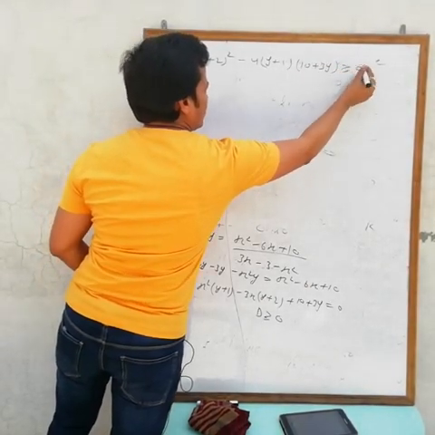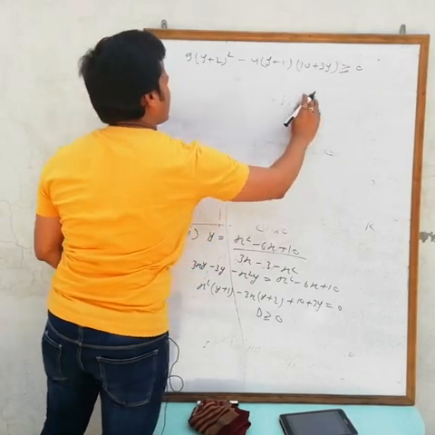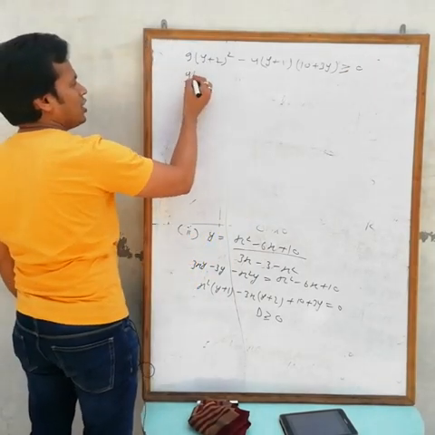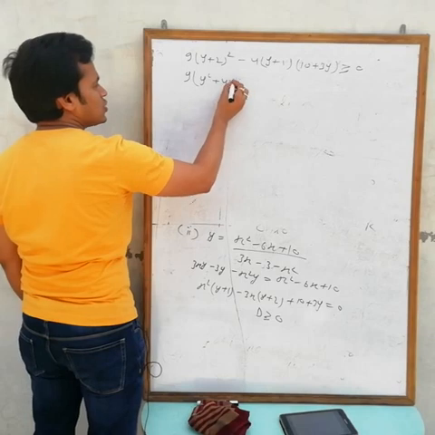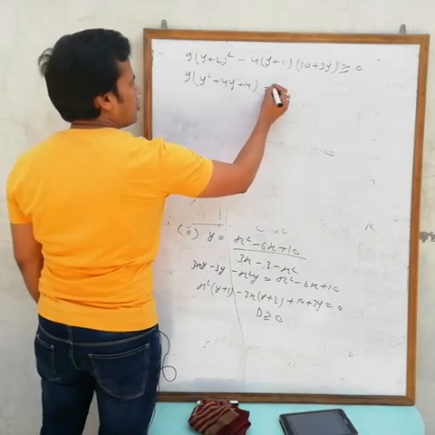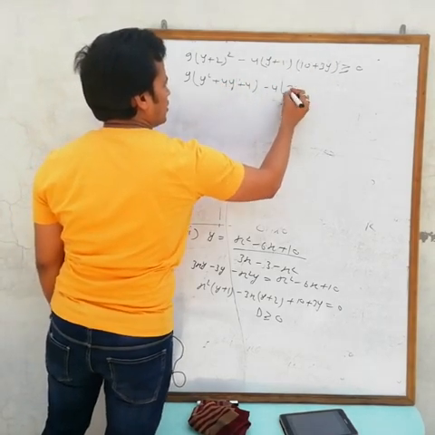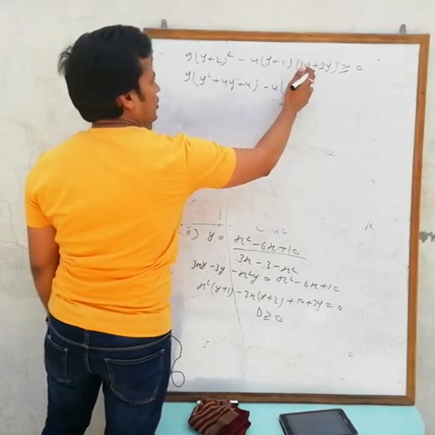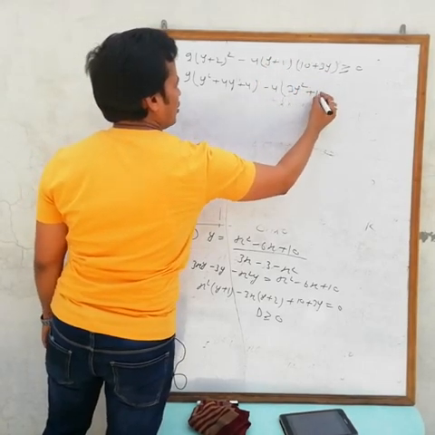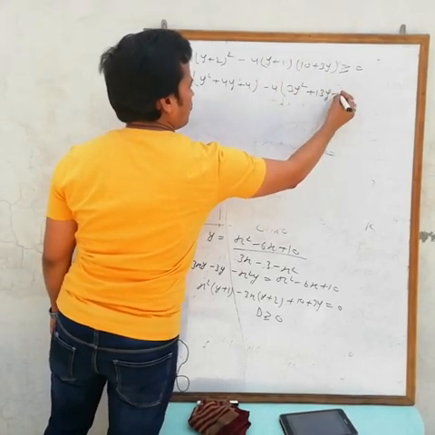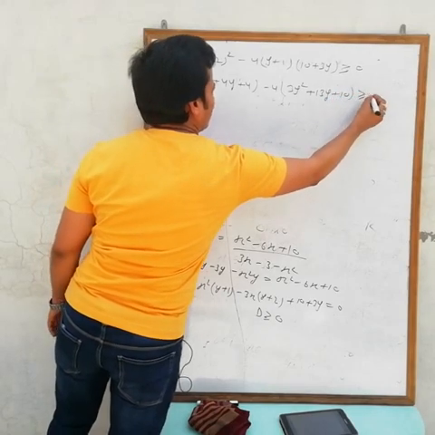Greater than or equal to 0, d is greater than or equal to 0. Now solve this one: 9y square plus 4y plus 4 minus 4 into (3y square plus 13y plus 10) greater than or equal to 0.